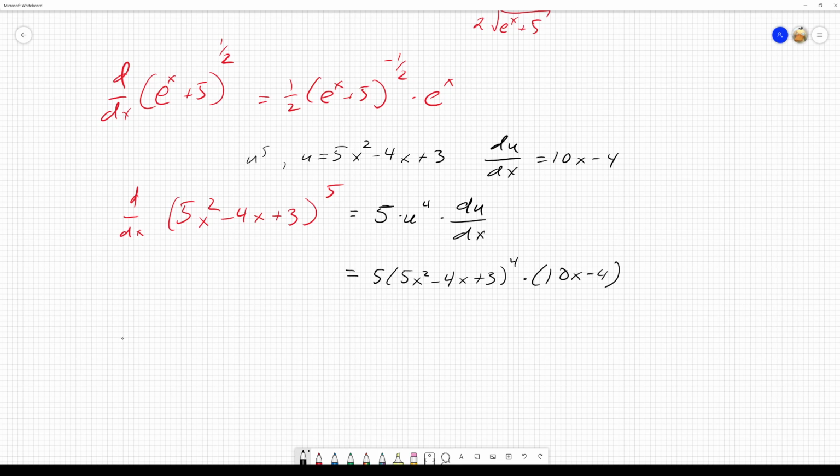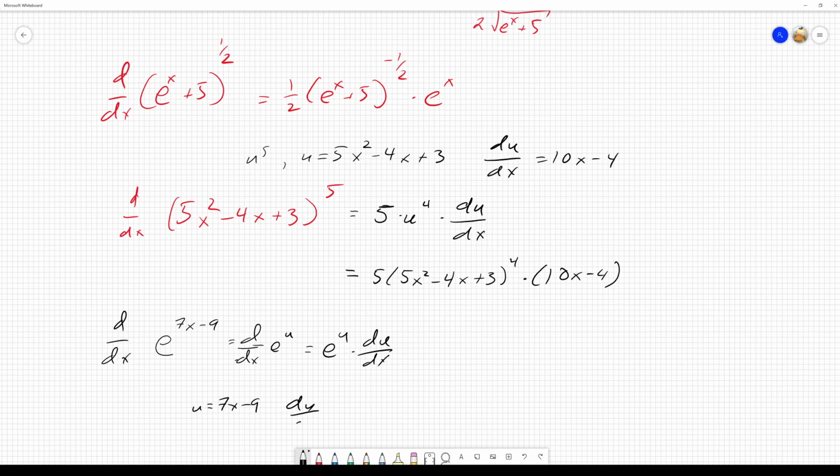Alright, now what about if I take the derivative with respect to x of e to the 7x minus 9? Well, I can think of this as the derivative of e to the u, where u is 7x minus 9, so I should get e to the u times du dx.